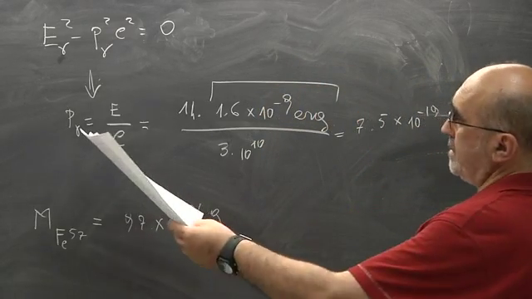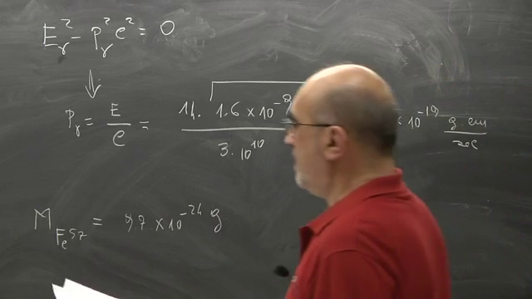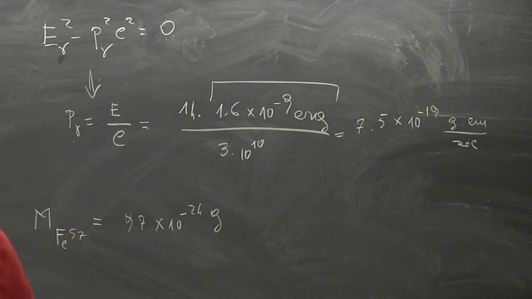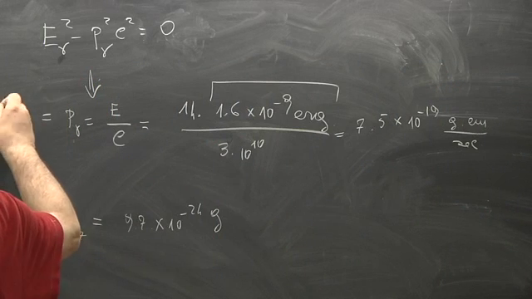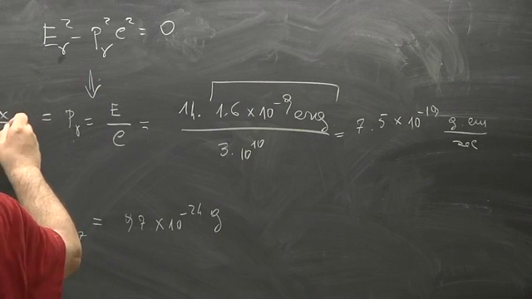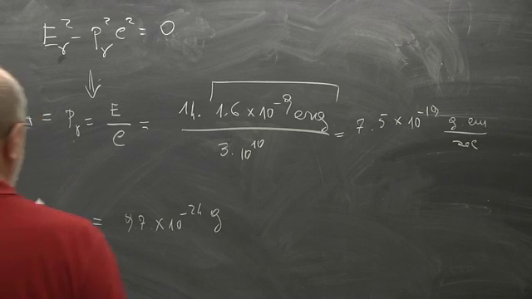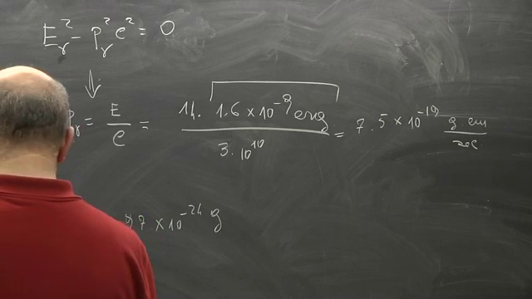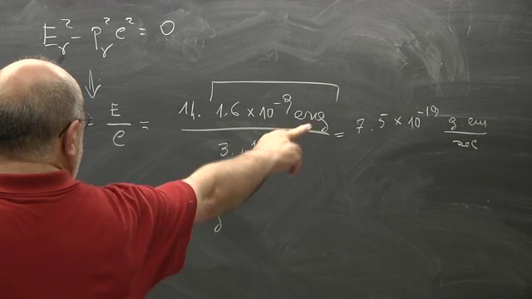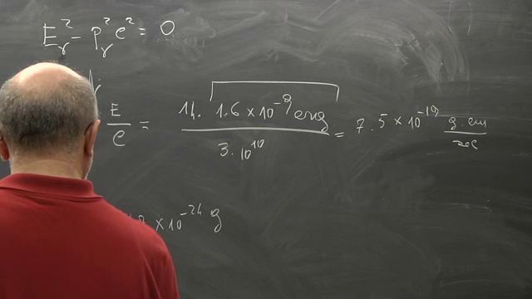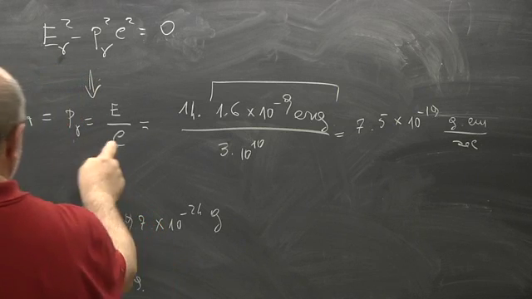I have the recoil momentum, so the velocity, in the sense of the proper velocity, that means this is dx d tau, this times m. This velocity I want. Then the velocity is 7.5 times 10 to the minus 19, that is the momentum.